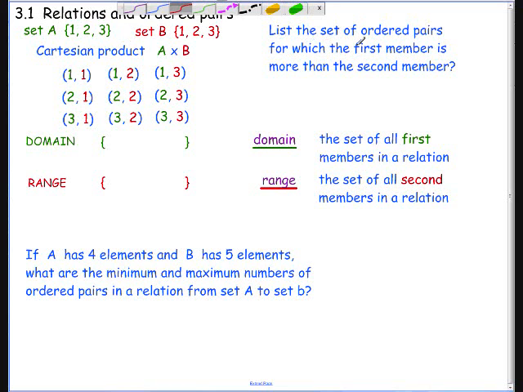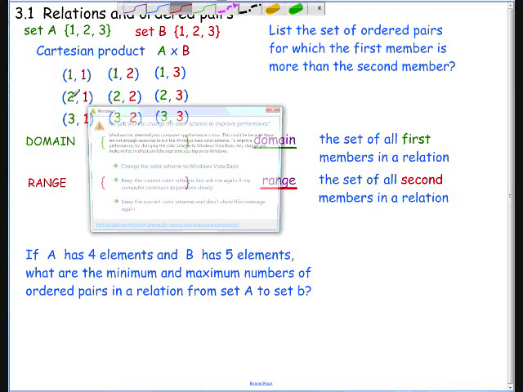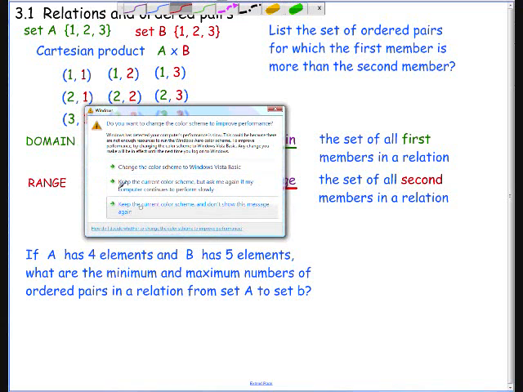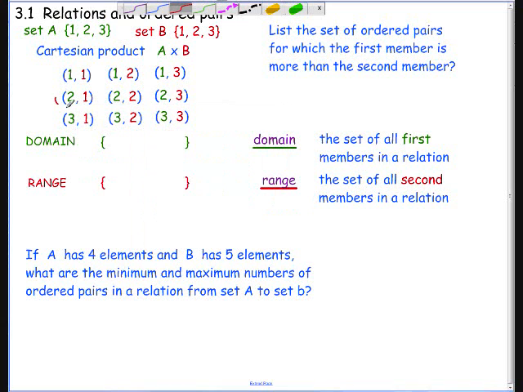List the set of ordered pairs for which the first member is more than the second member. 1 is not greater than 1. 2 is greater than 1, so this one qualifies. First member is more than the second member. This one, that's true.